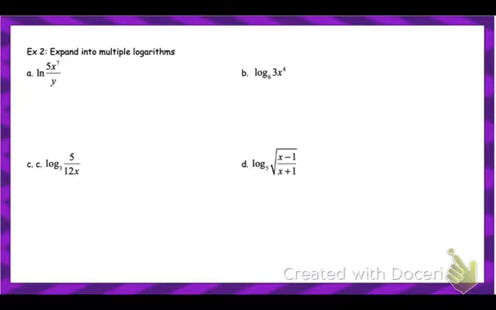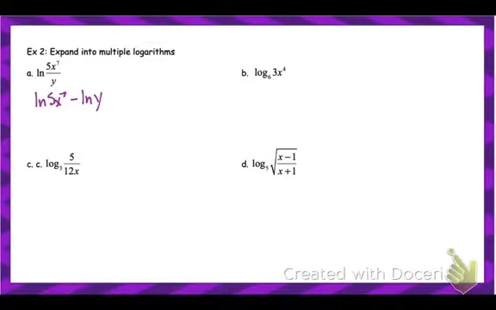Now, the easiest place to see where to split this is going to be at the division. Anytime there's division in the argument, that becomes subtraction of a new log. Well, now we want the simplest log possible, or simplest argument possible. So here, that's not the simplest possible because this is 5 times x to the 7th.